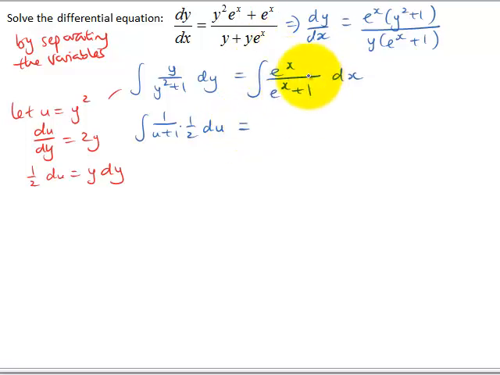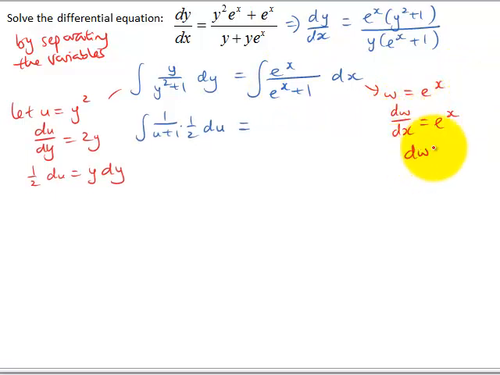So on the right hand side, I'm also going to use integration by substitution. I'm not going to use u, I'm going to use w, so as not to confuse with the u here. So let w equal e^x. So dw/dx gives me e^x.